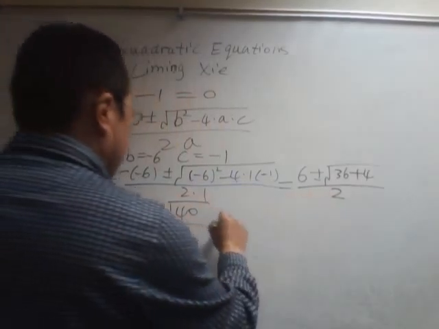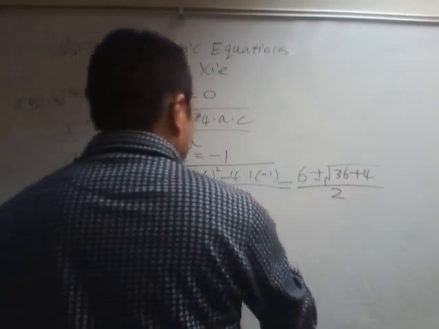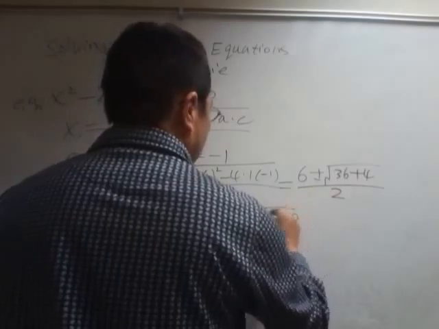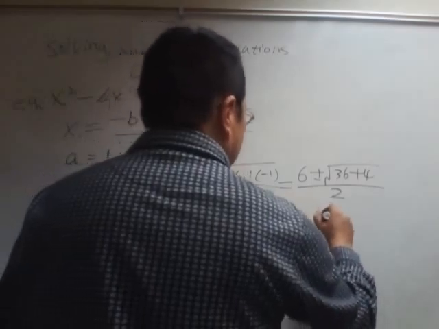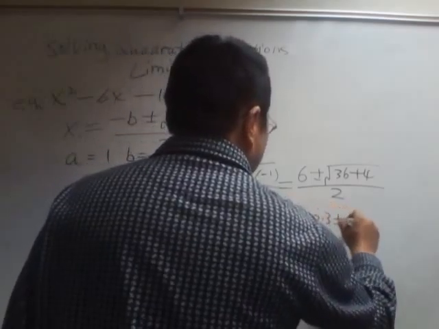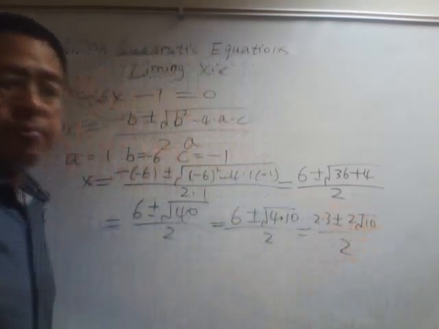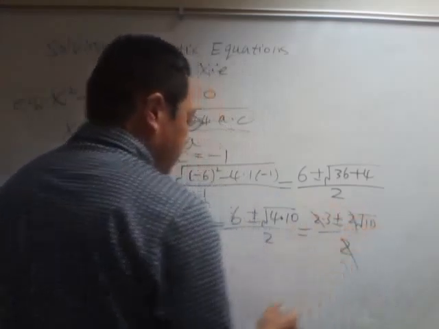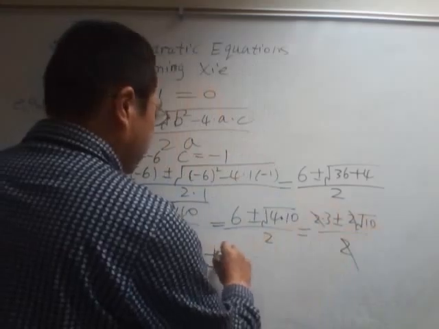Okay, we can break down 40: 6 plus or minus the square root of 4 times 10, divided by 2. Then we make 2 times 3 plus or minus 2 radical 10, divided by 2. So we can cancel each 2 here. We get 3 plus or minus radical 10.